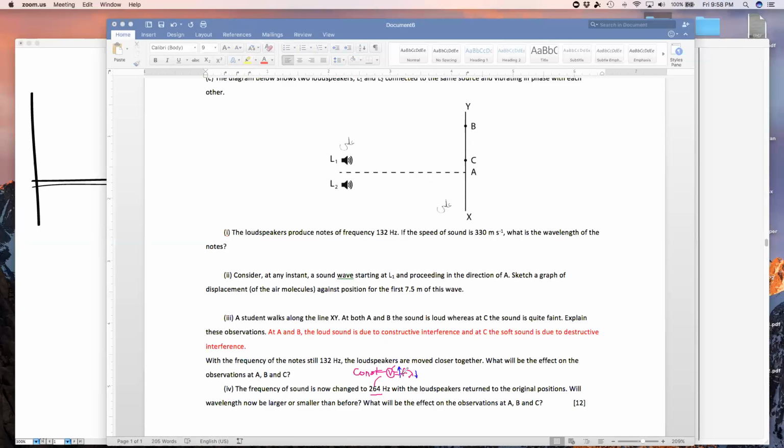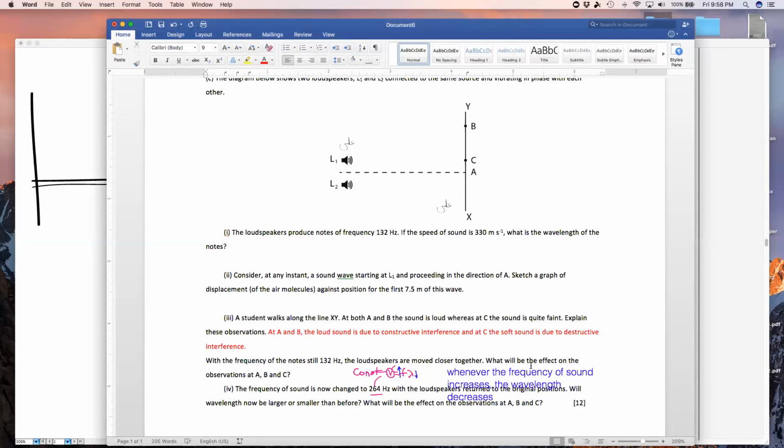Whenever the frequency of sound increases, its wavelength decreases proportionately, and that is so that the product is a constant.